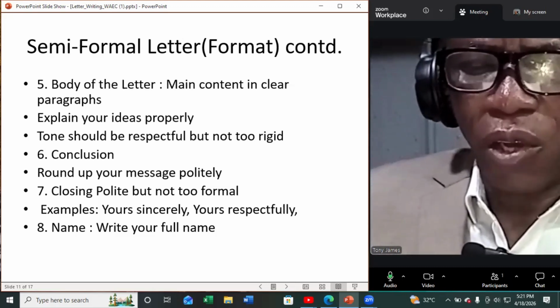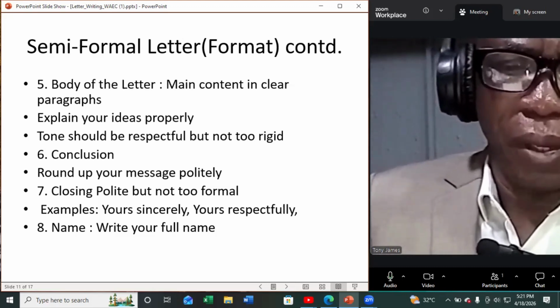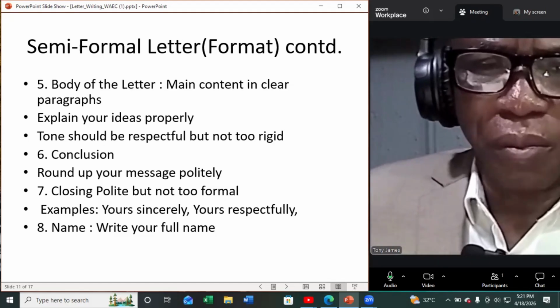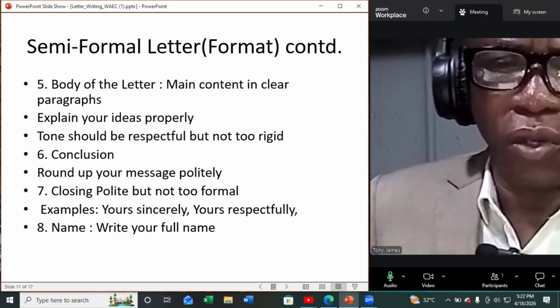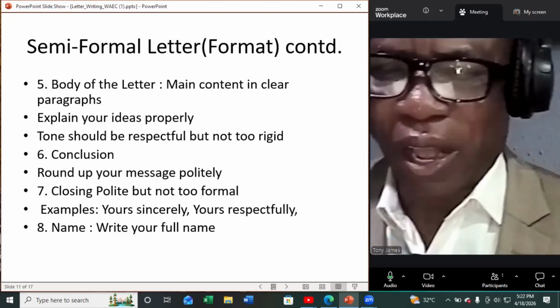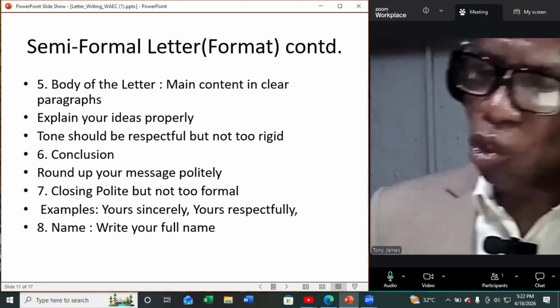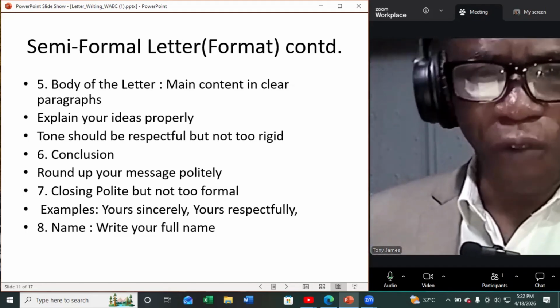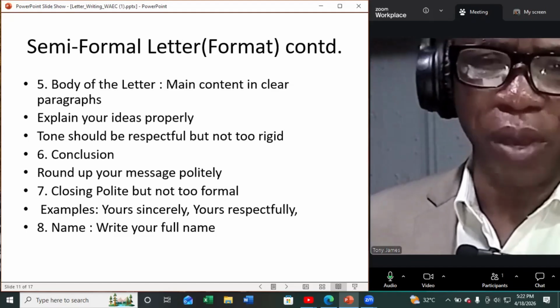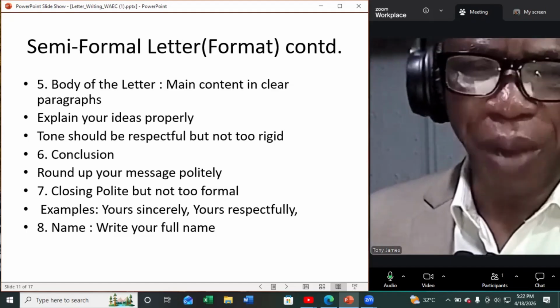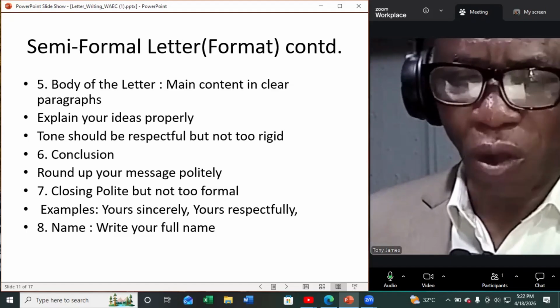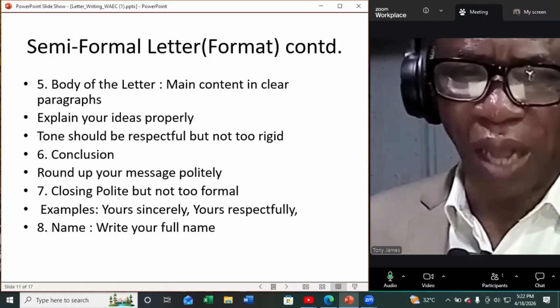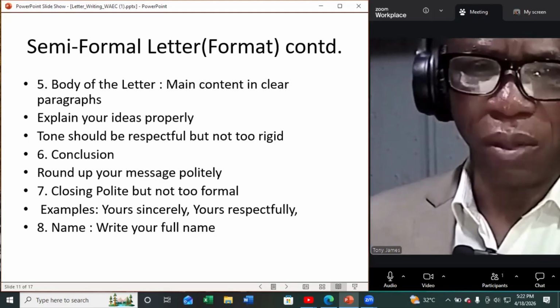Then explain your ideas properly. You know this person is not familiar with you, so he might not condone your excesses. Then the tone should be respectful and not too rigid. It's not too formal, but it has to be partially formal. So you don't use slang.